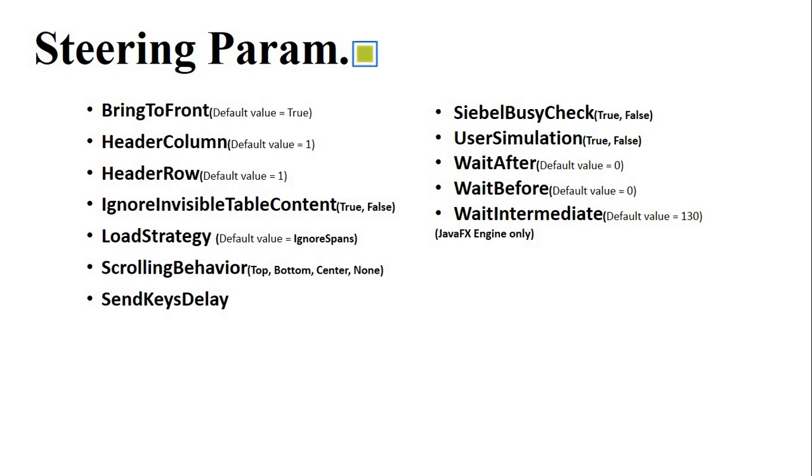So this is mostly used when your steered controls are made with the click operation but without object steering. User simulation can be performed on the controls button, checkbox, link, radio button, text box, and the tree view.